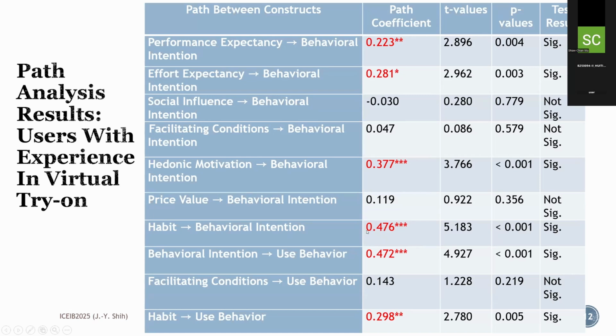We can see that it's 0.476. And so does behavior intention impact on use behavior. It's 0.472, also significant. And habit also has a positive impact on use behavior.